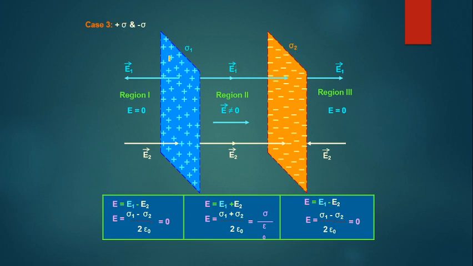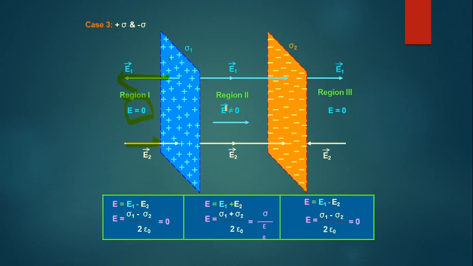The electric field due to the positive charge is along this direction, and the field due to the negative charge is toward the plate. So the total electric field in the first region is E1 minus E2, sigma 1 minus sigma 2 divided by 2 epsilon naught. Sigma 1 and sigma 2 are equal and opposite, so net surface charge is 0. So the electric field in the first region is E equal to 0 in this case.